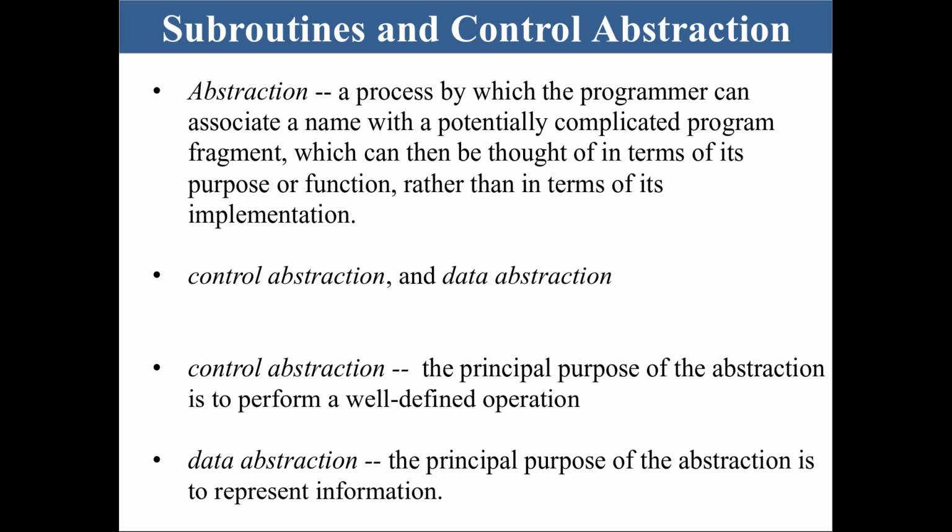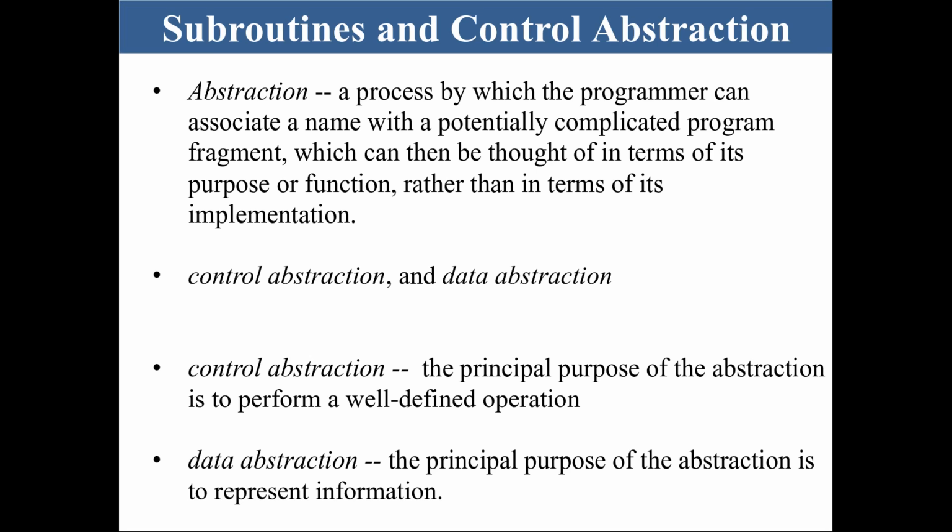Mainly, the abstraction means displaying only the essential information and hiding all the details. That is, preserving the information that is relevant in a given context and neglecting all the irrelevant information in that context. This is all about abstraction, and we can distinguish abstraction as control abstraction and data abstraction.